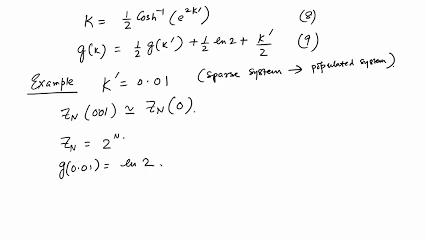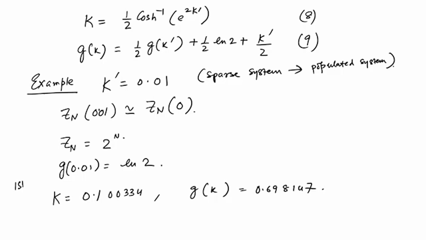Okay. So, we give an example here again for the 1D Ising model, and then if you start iterating equations 8 and 9, then we get, so this is the first stage, k equal to 0.100334, and g of k becomes 0.698147.